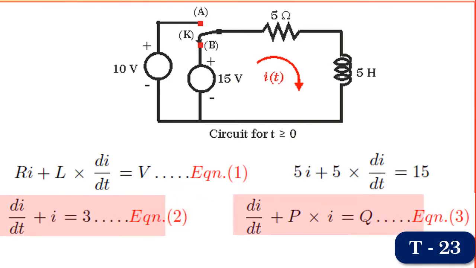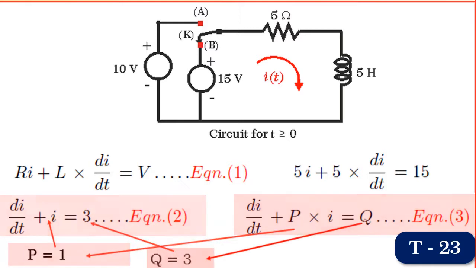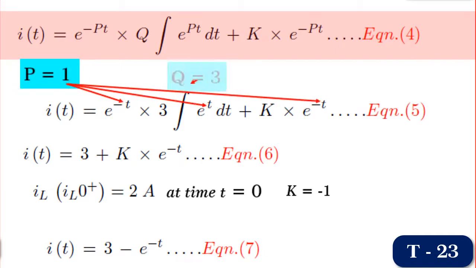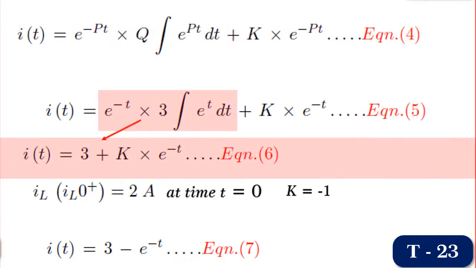By comparing this equation 2 with the standard form, we get P is equal to 1 and Q is equal to 3. We know that the solution of first order ODE is equation 4. By substituting the values of P and Q and solving the integration term, we get I of t is equal to 3 plus k into e to the power of minus t. Let it be equation 6.